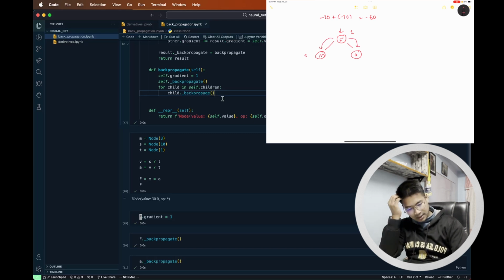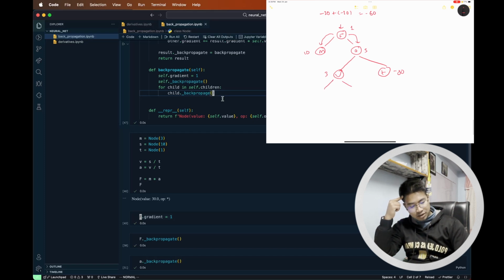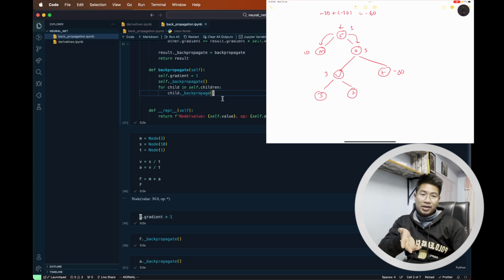So this would be set to the gradient 10 and 3, and then over here v and a t. It goes to its children and calls backpropagate. So the backpropagation for v will also happen, but v still has its children, s and a t, and the backpropagation now does not work for s and a t.